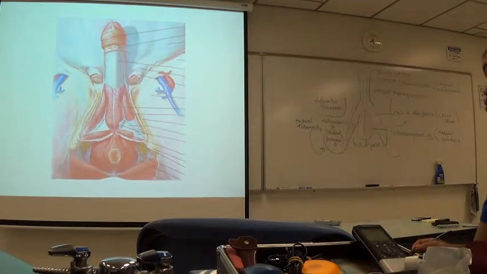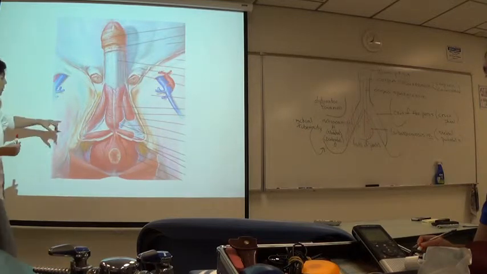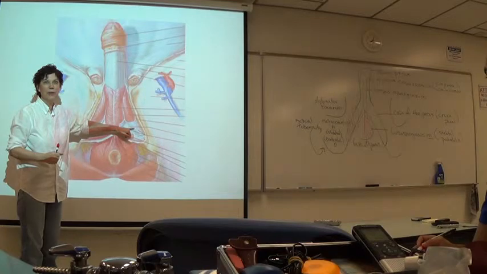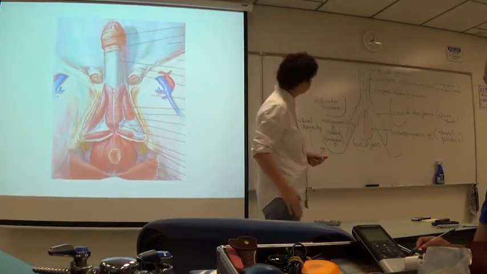Now, remember that external urethral sphincter we were talking about in relationship to the bulbourethral glands? That's not shown here, but it's just deep to this connective tissue. So I'm going to draw that in a different color.